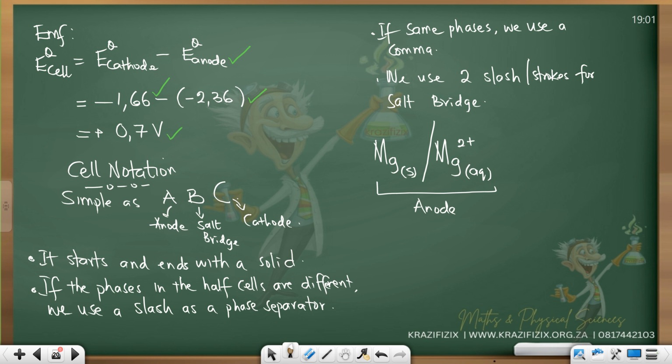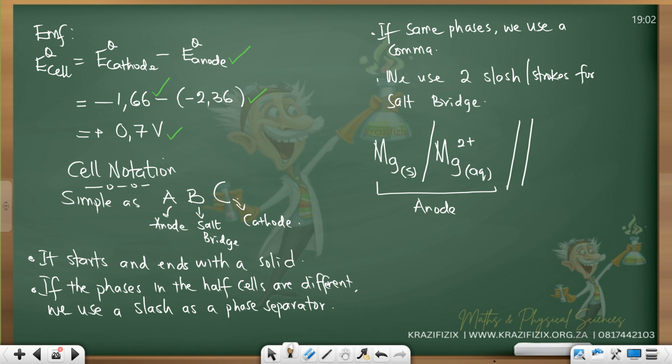Phase separator. I must put that. That's what it does, to tell me that they are in different phases. I'm done with the anode, A. What's next? Salt bridge.